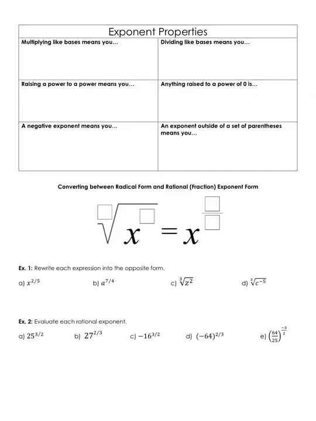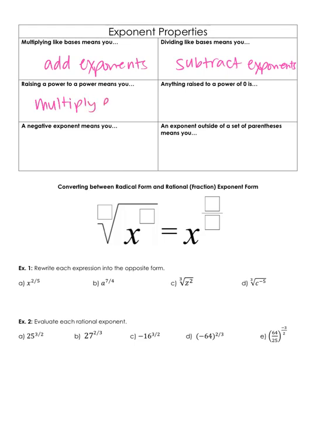All right, so once again, just to review these, when you multiply like bases, you are adding exponents. When you divide them with like bases, you will subtract exponents. Raising to a power means you multiply exponents. Anything to the power of 0 is 1.